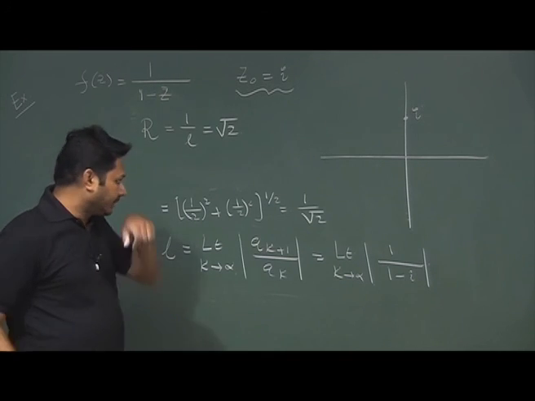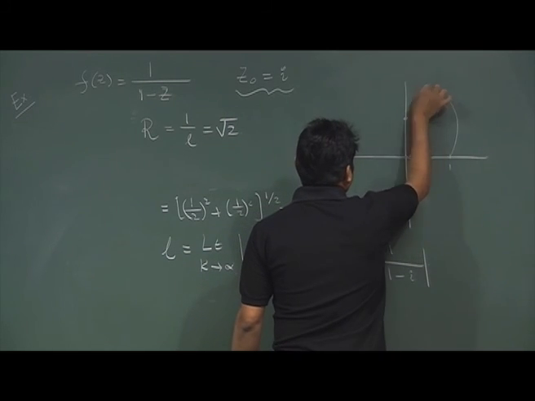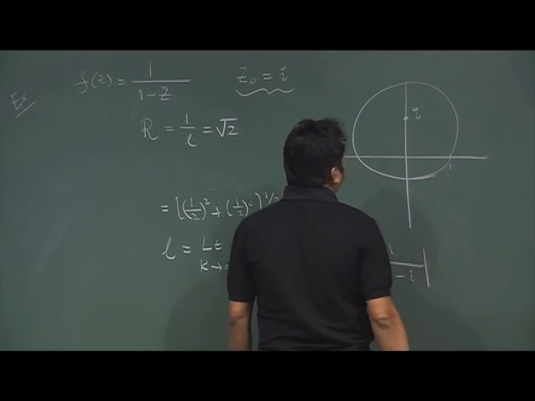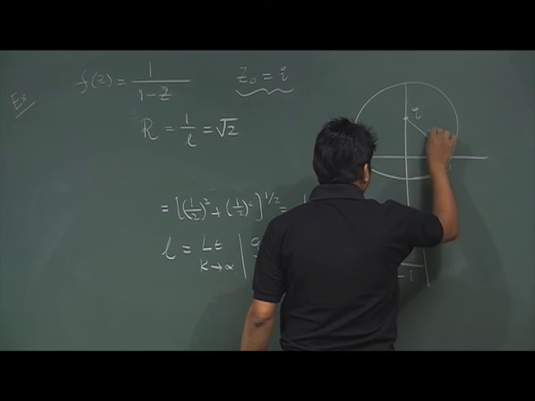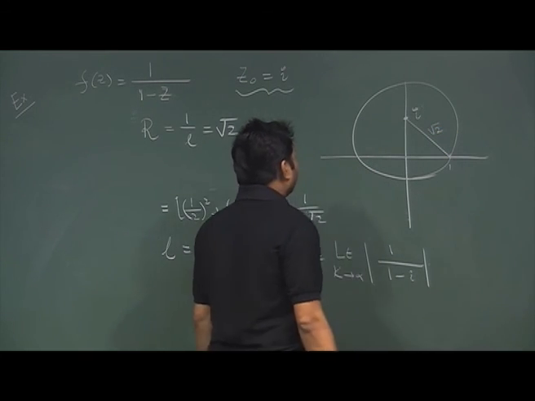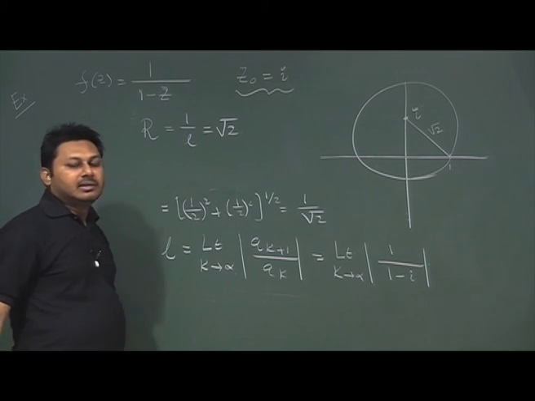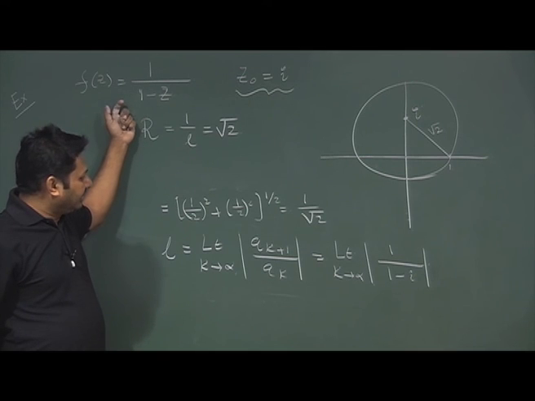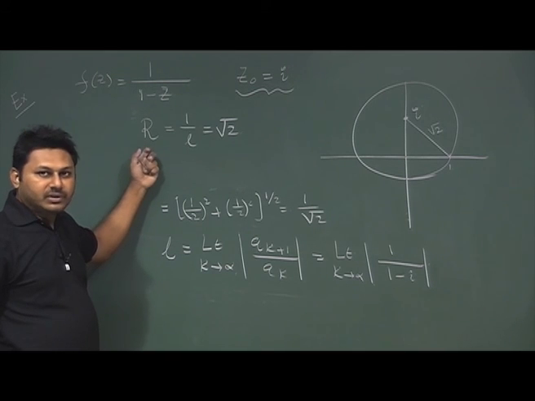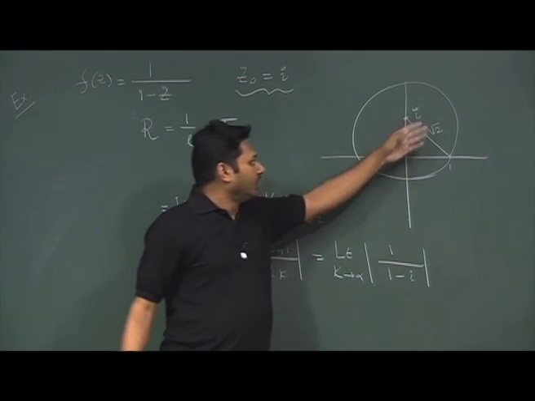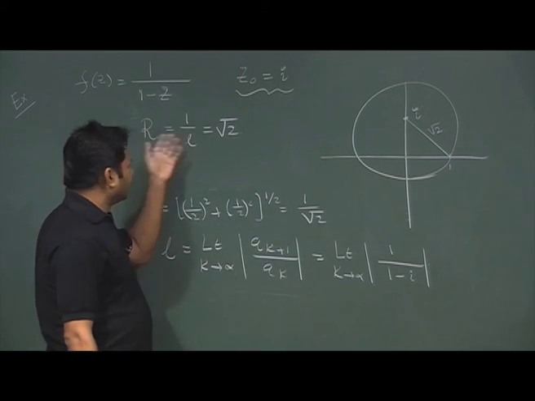That means if I have a circle like this, where this radius is root 2, then in this region this Taylor series is valid, because I can expand the Taylor series, but I should keep in mind that my radius of convergence is also there, and the radius of convergence is root 2. So whatever the value of z is here, for that z I can expand the Taylor series the way I expanded it.